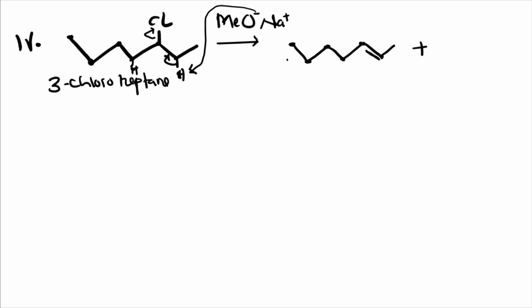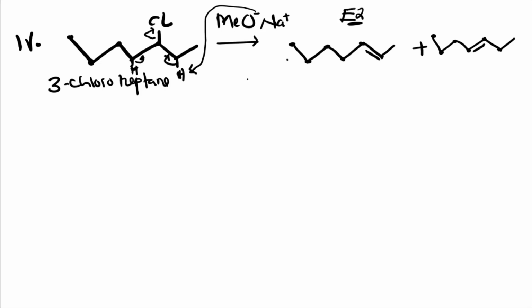When this acidic hydrogen is obtained by this base, these electrons will collapse there. So instead of the double bond being here, the double bond will be there. So this will be 1, 2, 3, 4, 5, 6, 7. The double bond will be this side here. These products that I've written here are being formed by an E2 reaction mechanism.